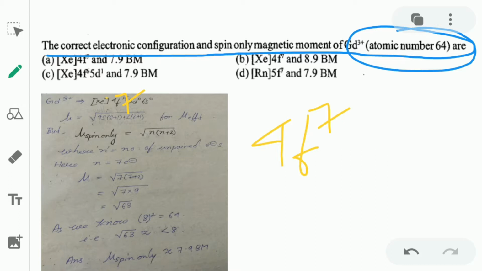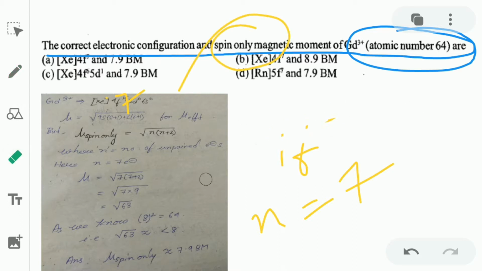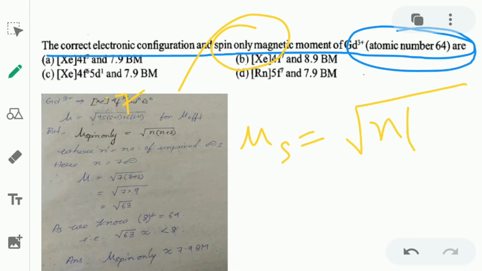That is, n equal to 7, the number of unpaired electrons. From here we have to determine the spin-only magnetic moment. The formula is mu s equal to root over n into n plus 2. Now put the value of n in this equation.